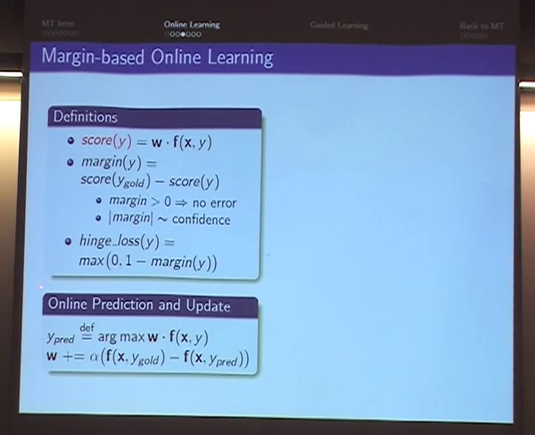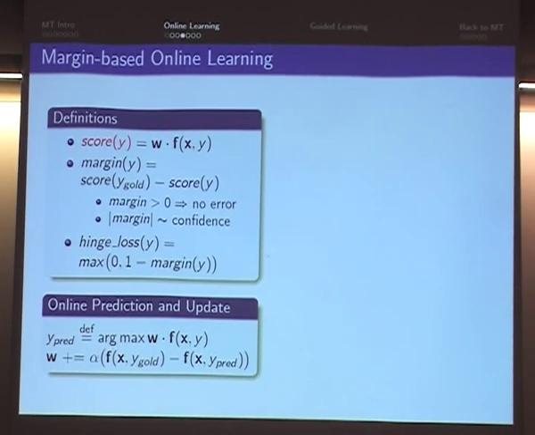I don't want to go into details, but you can define loss, and sometimes this particular kind of loss is called hinge loss, where you want the margin to be at least 1, and actually this is in the case where the labels are either correct or not correct.